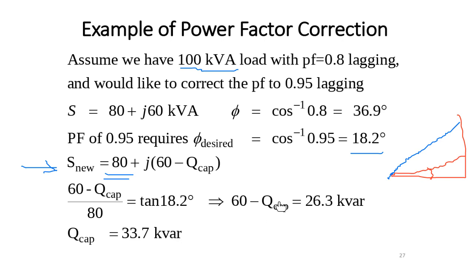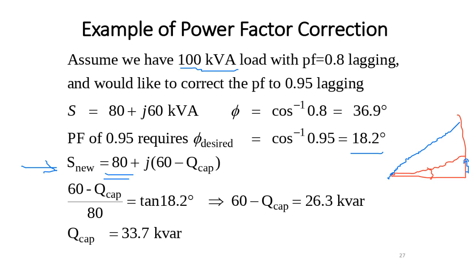Q cap means the reactive power of the capacitor that we want to add. There are so many methods and ways you can do this. The idea is I want to reduce this angle to 18.2. Therefore, the new reactive power is this part. That's the idea.